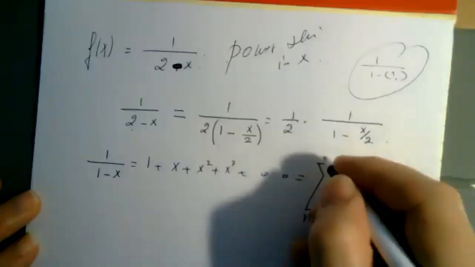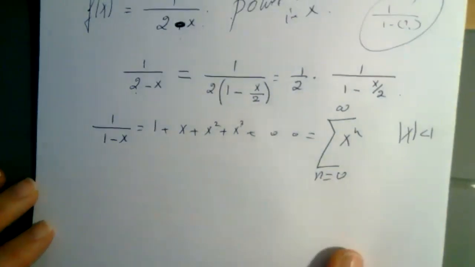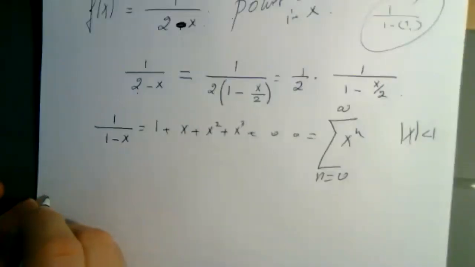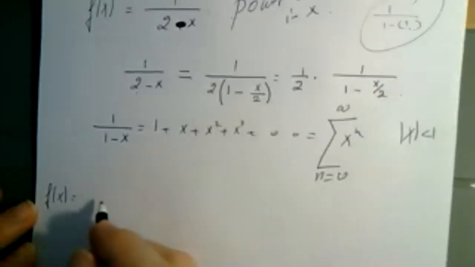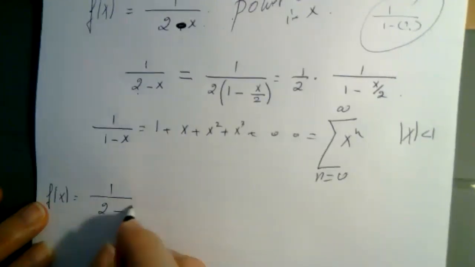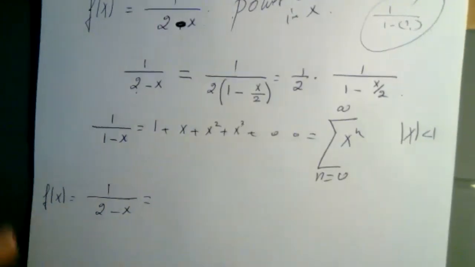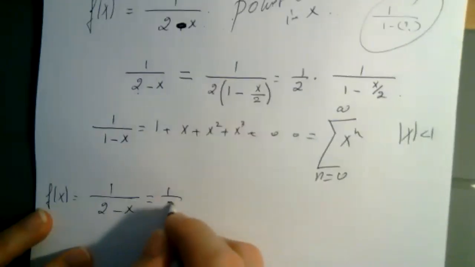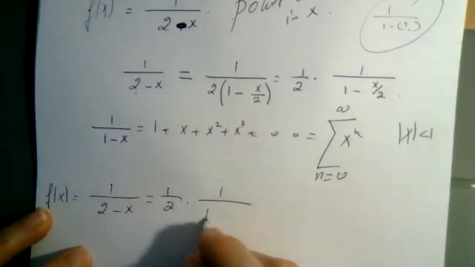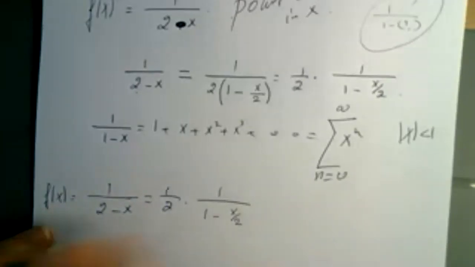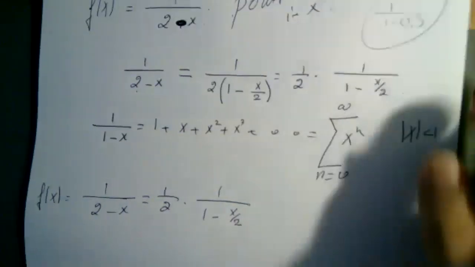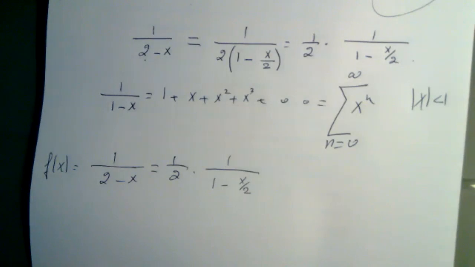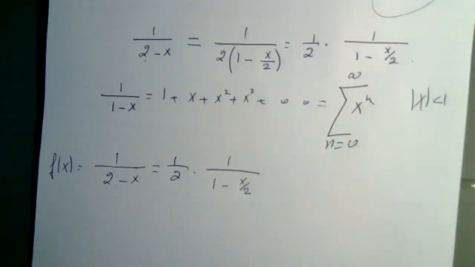I put it in front because I always want to substitute in it. And now I go back to my function, the one I want to write as an infinite polynomial. So this is equal to a half. So far I'm rewriting. I am not at all changing my expression. I'm just rewriting it so I can use the previous one.